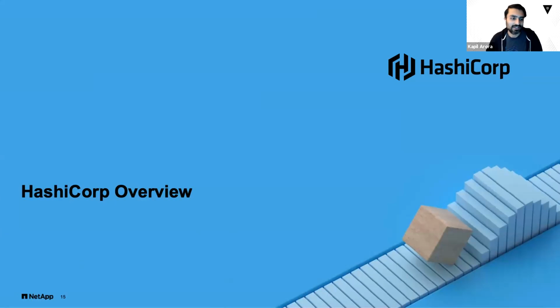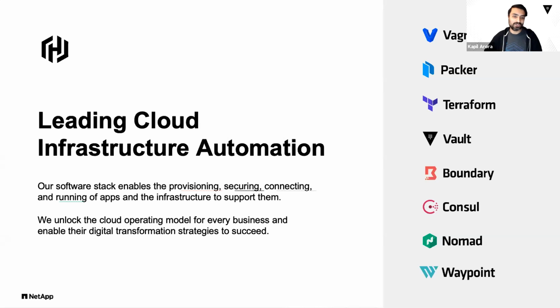Before that, let's quickly talk about HashiCorp. For those of you who are not familiar with HashiCorp, probably you have heard about one of these tools on the right-hand side. We are the makers of all these open source tools. I'm sure many of you have used Vagrant or Packer, and Terraform is also one of the most popular tools that we have.